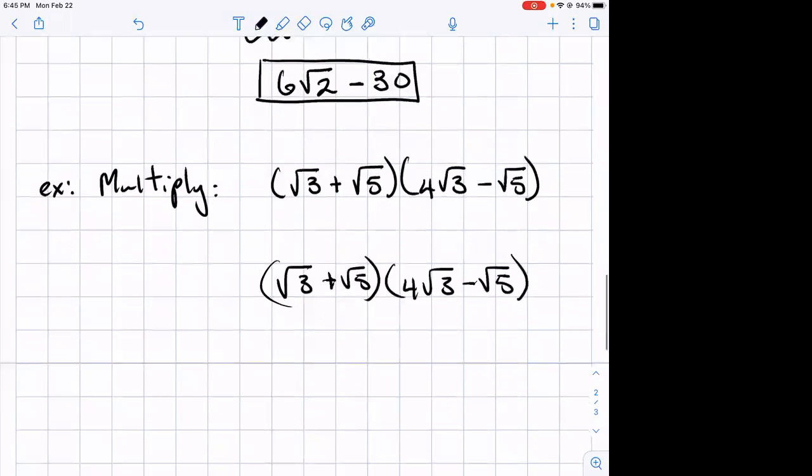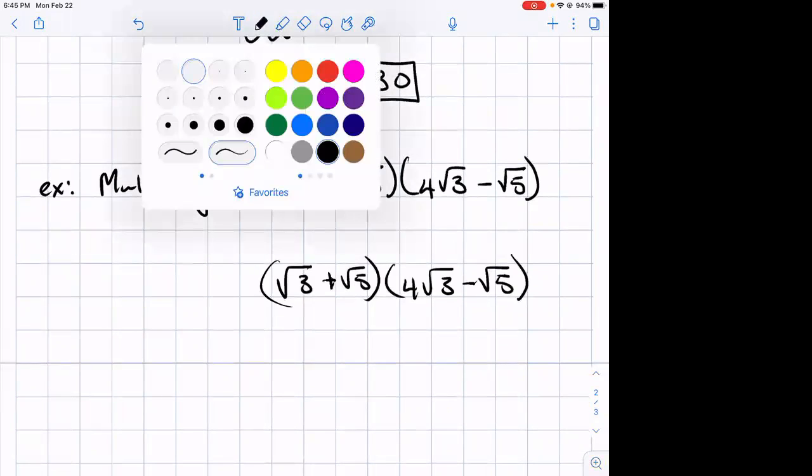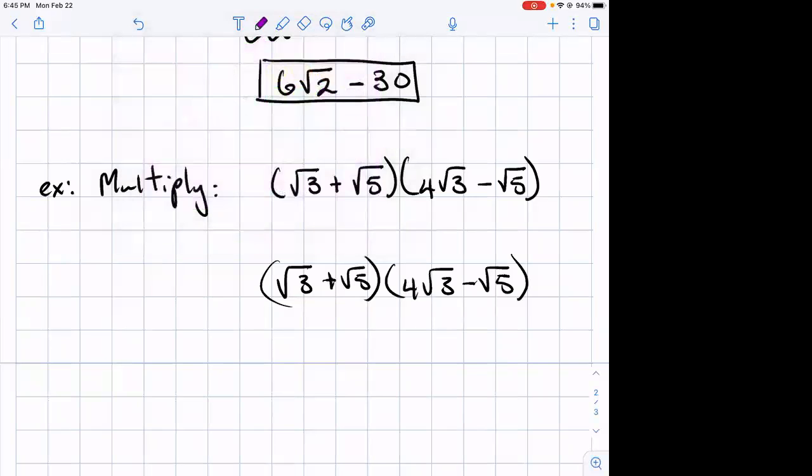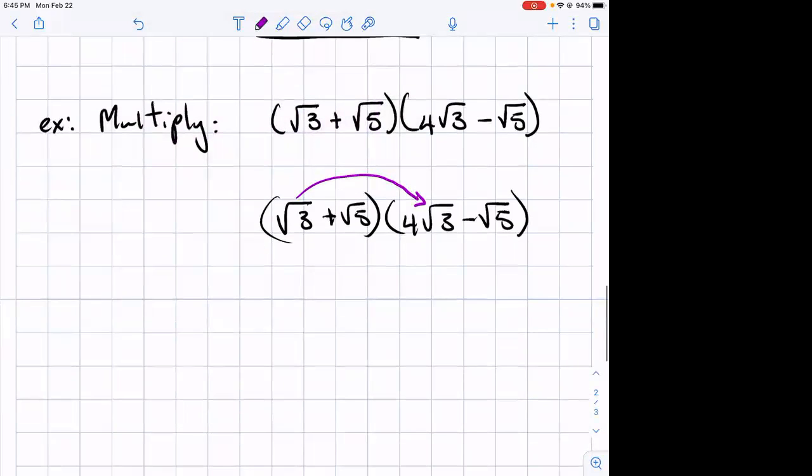We will multiply root 3 by 4 root 3, and we will get 4 root 9, because there's an invisible 1 here, the 1 times the 4 becomes 4. And then root 3 times root 3 becomes 9.